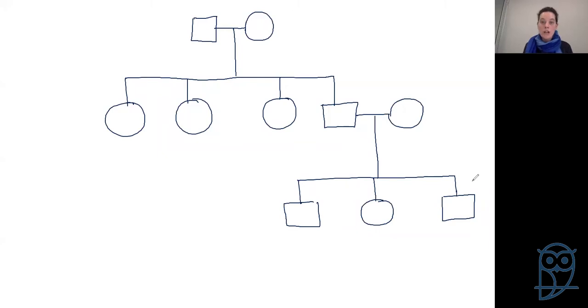So we're not going to do shading for a moment. We're just going to have a look at this diagram and see what's going on. So first thing you can see is that you've got 3 generations. Okay, we start up here. There's the grandparents, there's the parents, and then there's children.